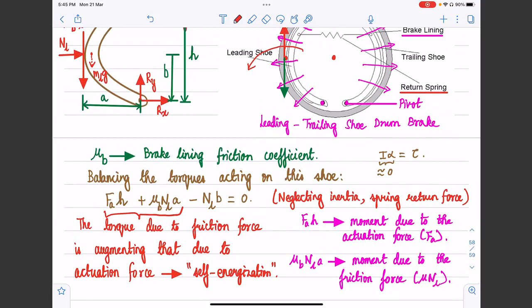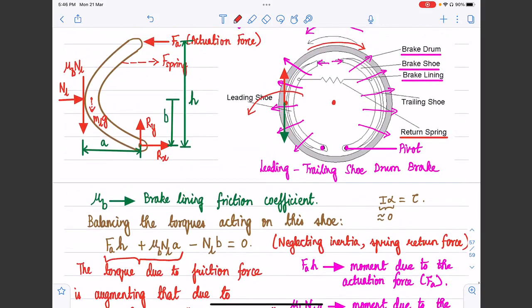But there are philosophical issues with this terminology because, as we know from the first law of thermodynamics, energy cannot be created nor destroyed. It can only be converted from one form to another, and that's what is happening here also: kinetic energy is being converted to thermal energy and dissipated. But self-energization is used in a very loose colloquial way.